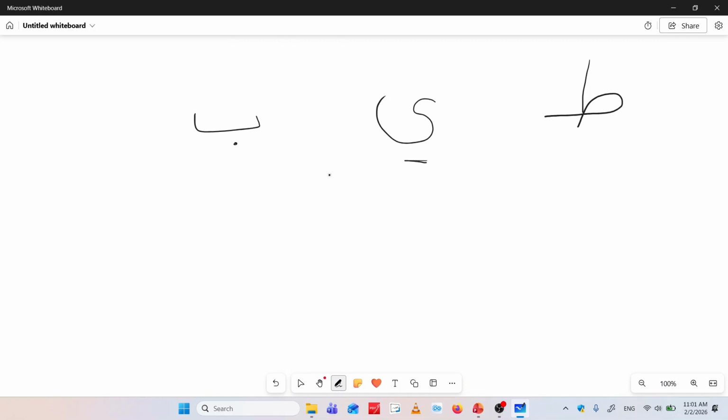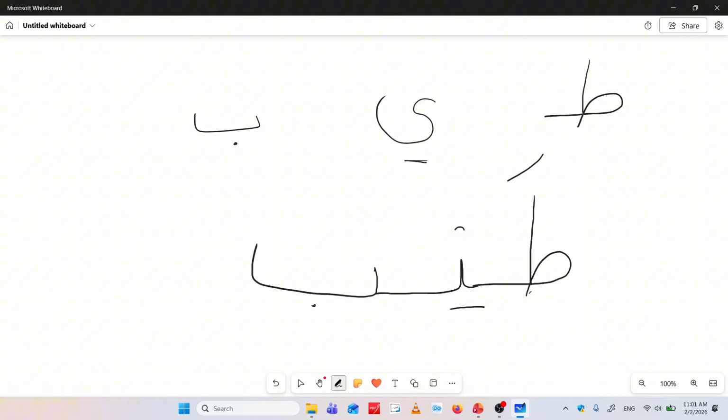So all of those, we will look at the letters and we will find that all of these letters are two-way connectors. That means we are going to write the initial ta, and then the rest of the letters. Here is the word طيب.